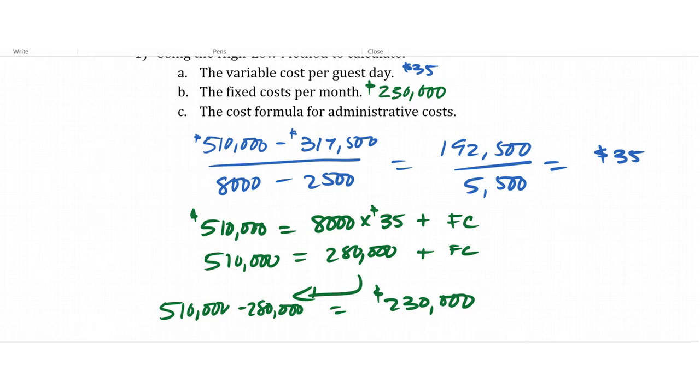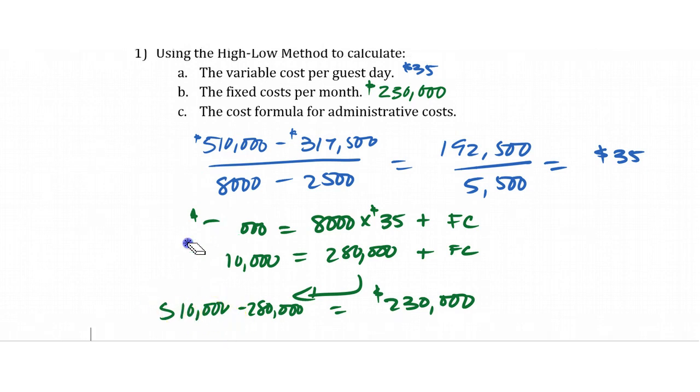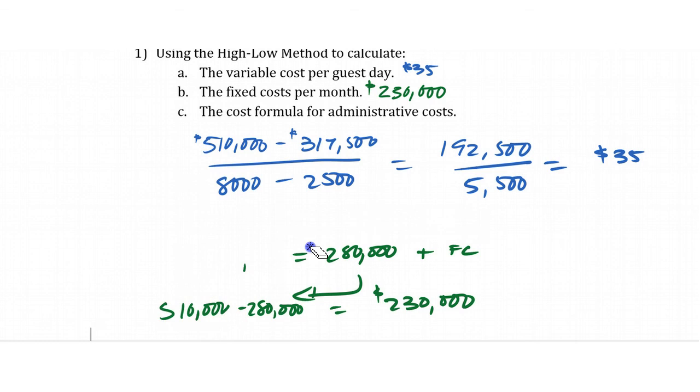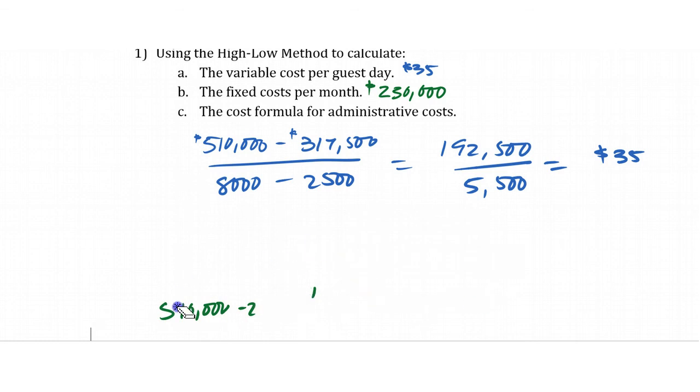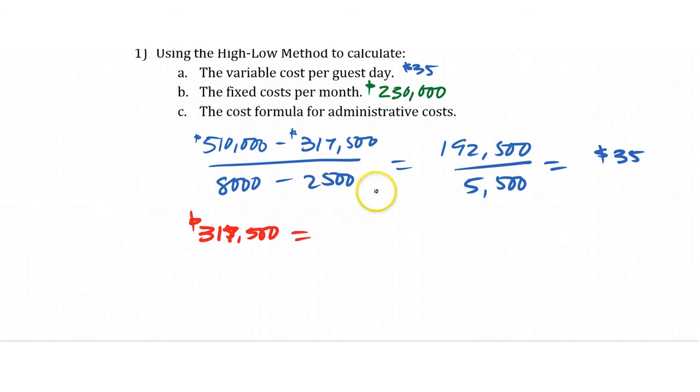Now we can double check our work and make sure that it works both ways. I'm going to solve this exact same thing but for the low volume, and you'll see that it's the same. I'll do this quite quickly, hopefully. So the low dollar, 317,500, equals the low volume times the variable cost plus fixed costs.